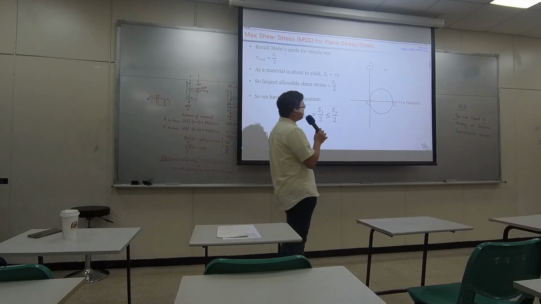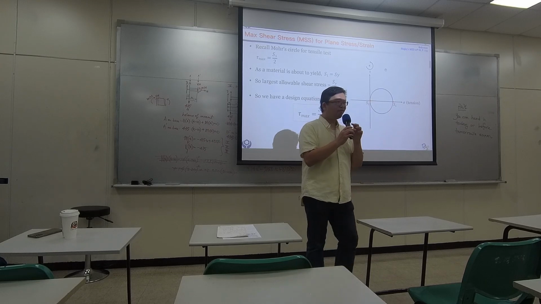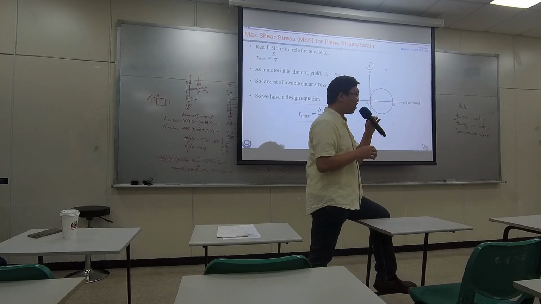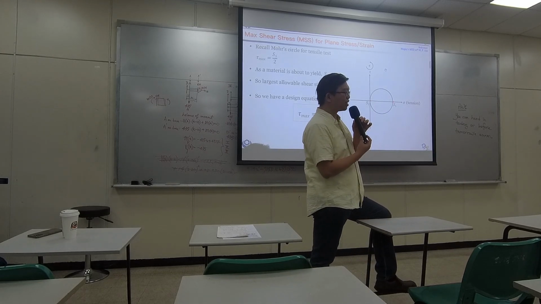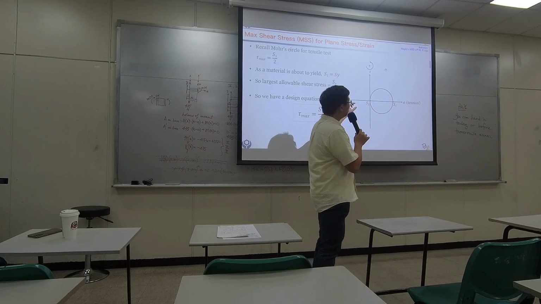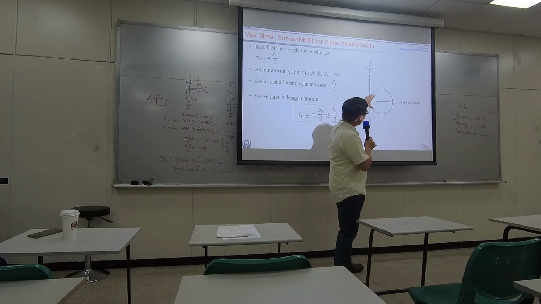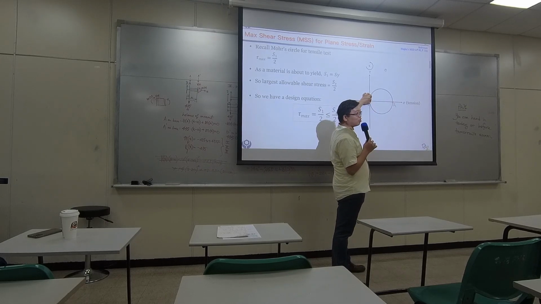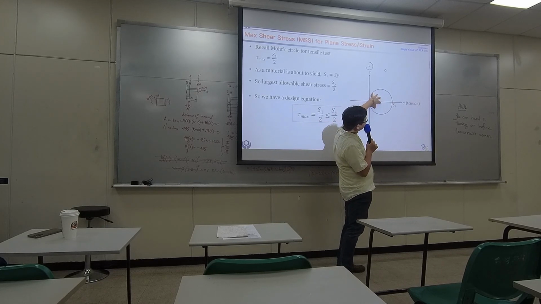Remember I told you in the past, if I have a material and use a tensile test to pull it, when there's no force, my Mohr circle is so small because there's no stress. And when I start to pull it, this Mohr circle starts to expand its diameter.